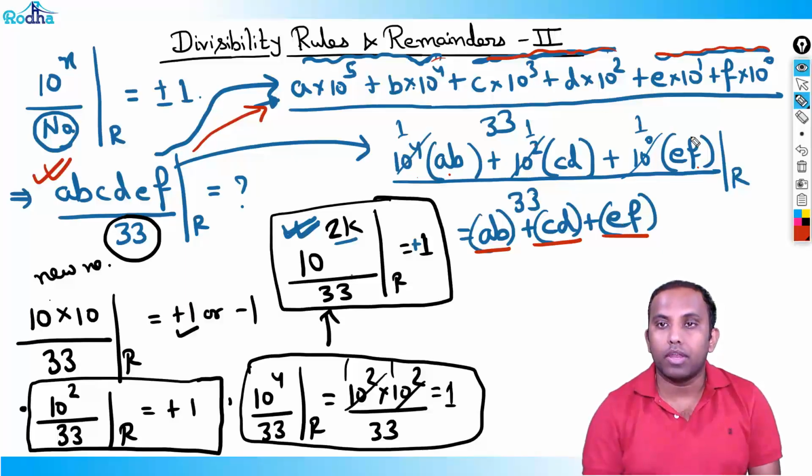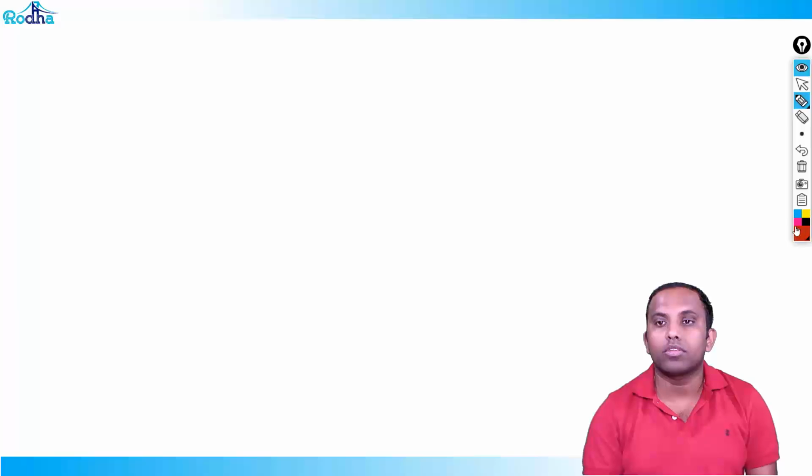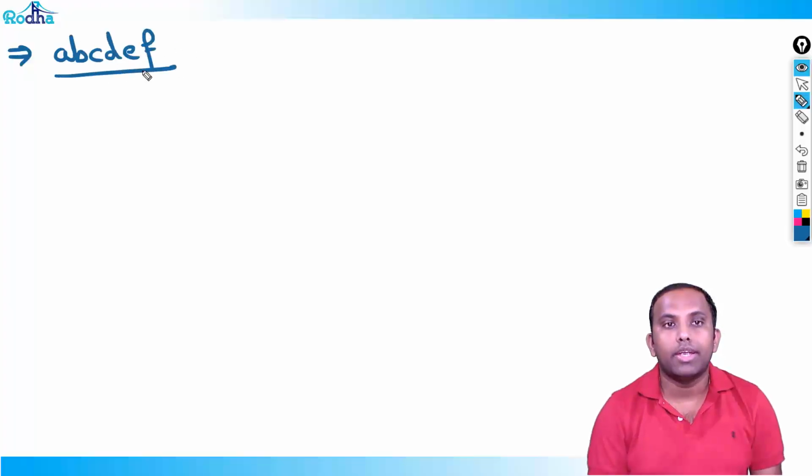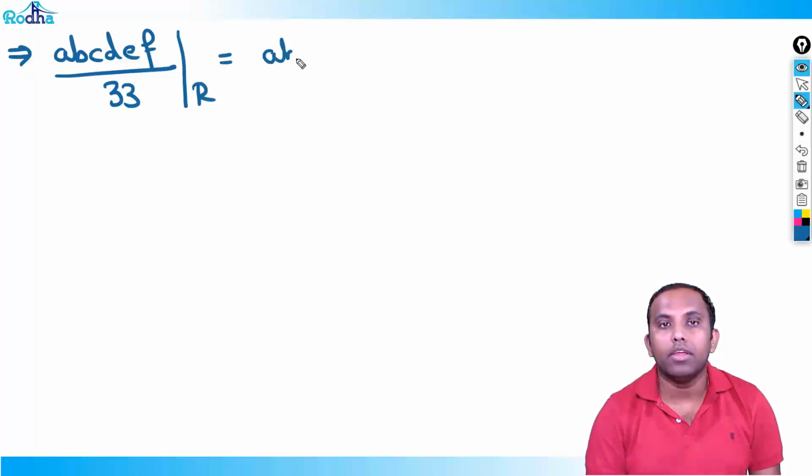Okay. So from the next question onwards, suppose the question was, let me rewrite it: ABCDEF is a number divided by 33, what is the remainder? What we ultimately got is AB plus CD plus EF.